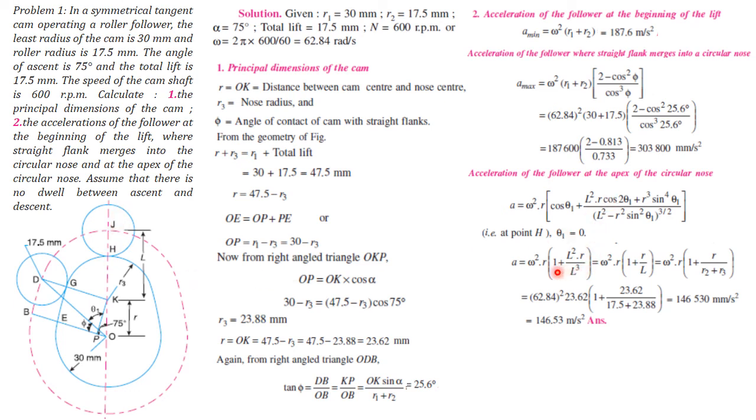So by finding the value of L, other terms are known. So by putting the value of L, theta 1, r, R2 and R3, we will be able to find the value of acceleration, and acceleration comes to us as 146.53 meter per second square when the follower is at point H, that is at the apex.